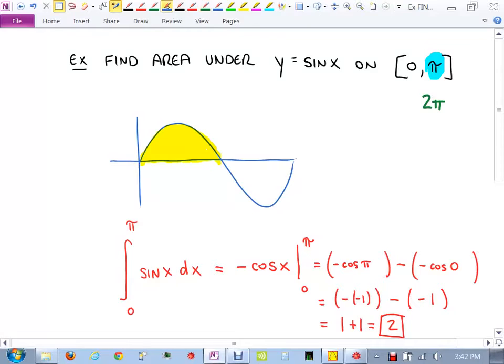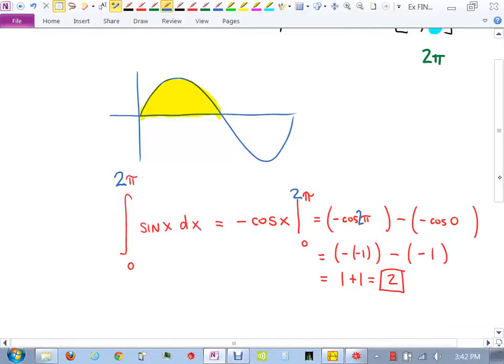Well, all that would change would be, watch, I'm working with this integral, it would be 2 pi here, right? It would be 2 pi here. Do y'all see where I'm changing this? What's cosine of 2 pi? It would be 1. So I'd have negative 1, but then plus 1, which would be 0.